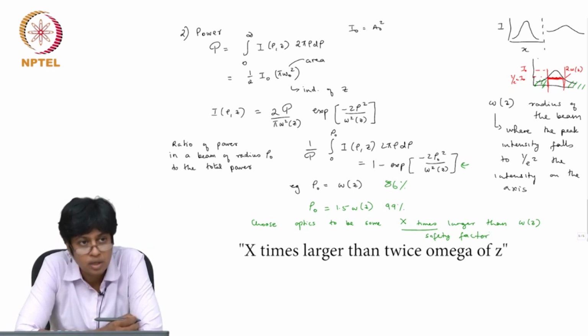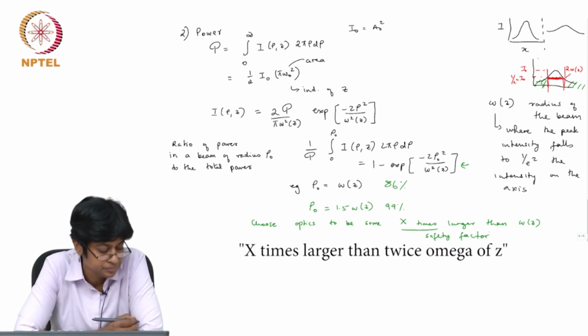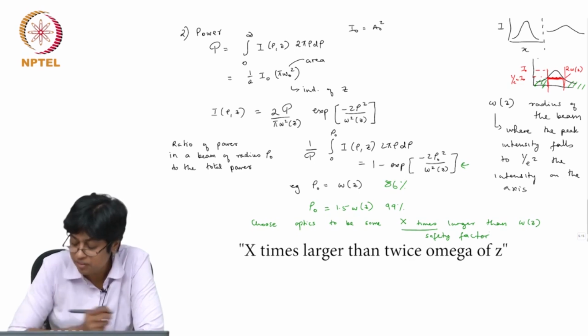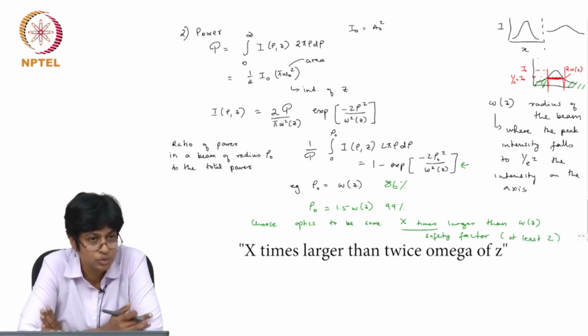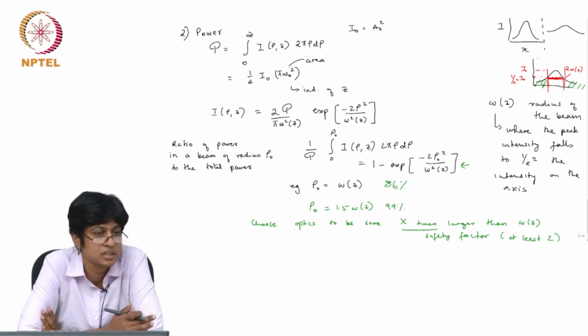You want the size of your optics to definitely be larger than omega of z. The safety factor is usually at least 2, so you choose optics at least 2 times larger than the largest omega of z in your system.